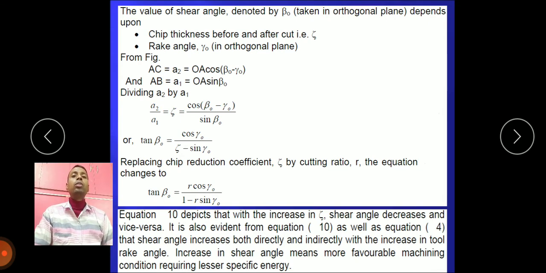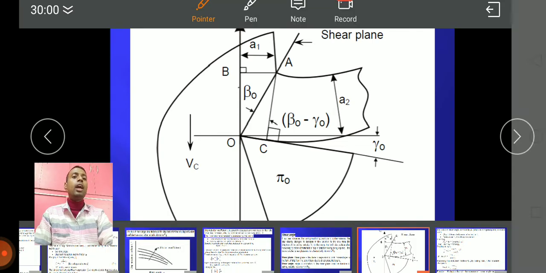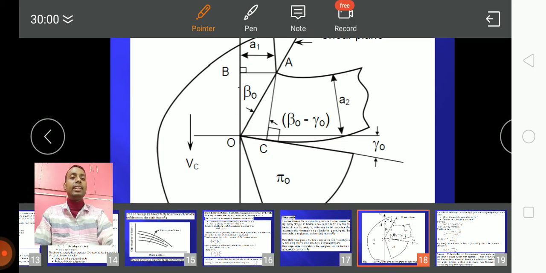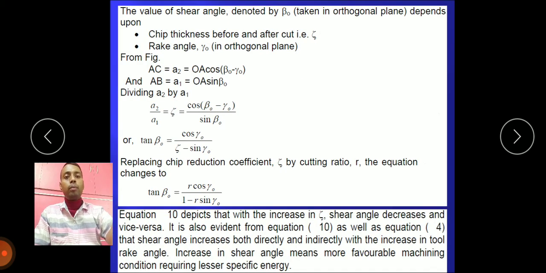So A1, A2, what is xi? Xi equals cos(beta O minus gamma O) by sin beta O. It comes totally from this equation. This is beta O. If this is beta O, this is 90 degrees. Obviously, this angle equals beta O minus gamma O. This is gamma O. So from this equation, tan beta O equals cos gamma O by (xi minus sin gamma O).